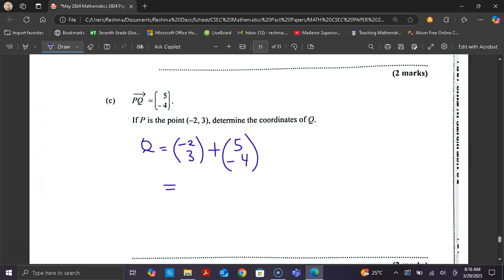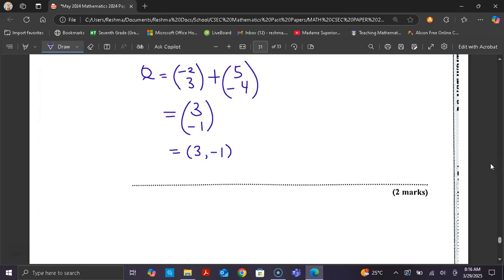When we add corresponding elements together, -2 plus 5 will be 3, and 3 plus -4, which is 3 take away 4, will be -1. So the coordinates of Q would be, now we have to write it as coordinates, (3, -1). Okay, so that's an easy 2 marks.